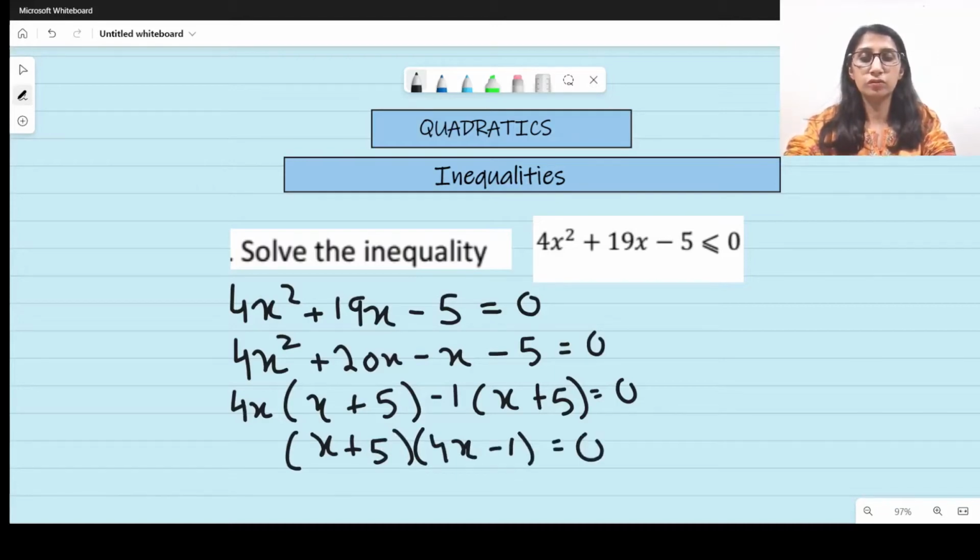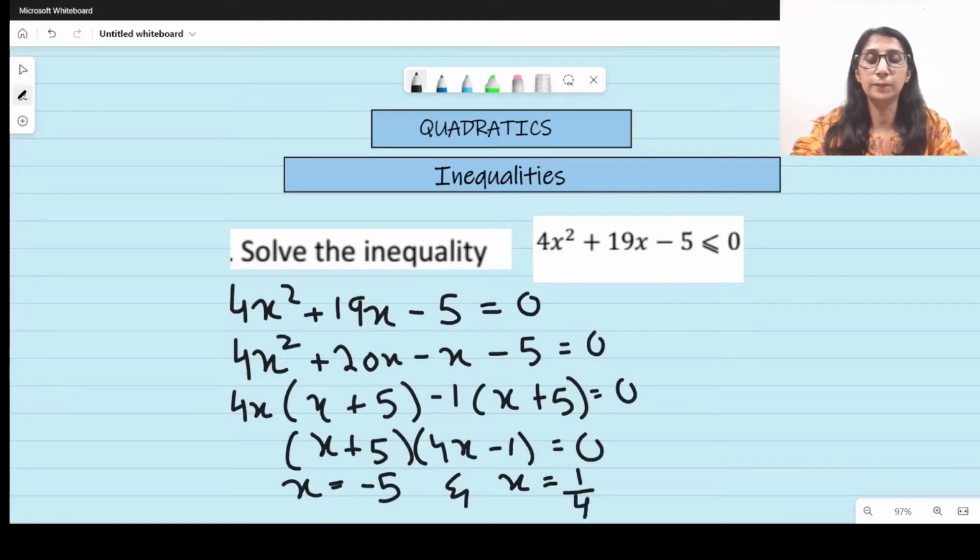So the roots or the critical values are coming out to be x equals minus 5 and 4x minus 1 equals 0. The minus 1 will go to the other side, become 1, then 4 will go to the other side, get divided. So the roots of this quadratic equation 4x squared plus 19x minus 5 equals 0 are x equals minus 5 and x equals 1 by 4.